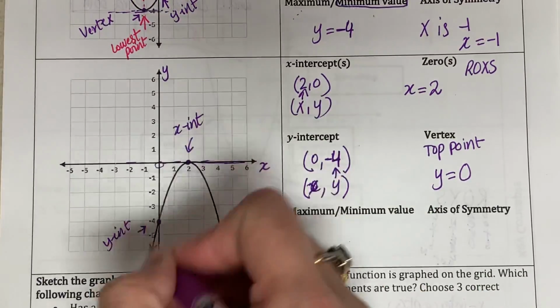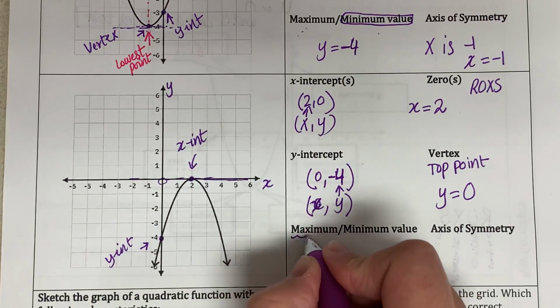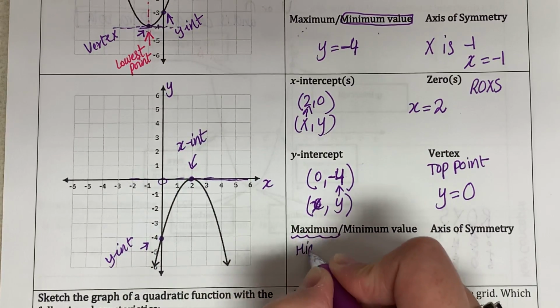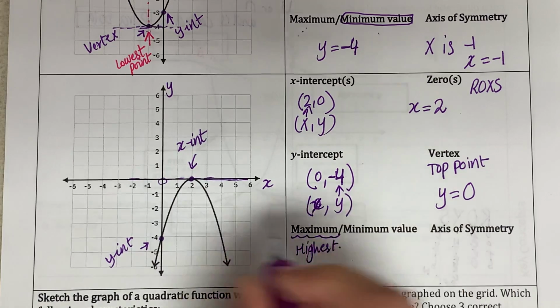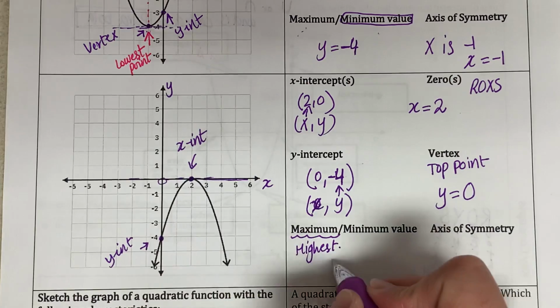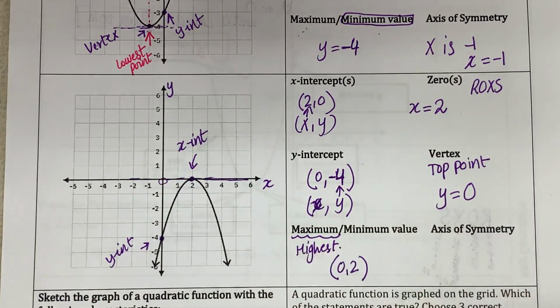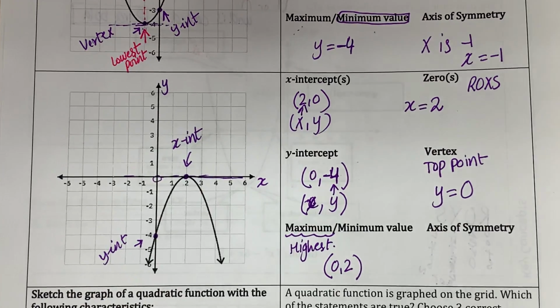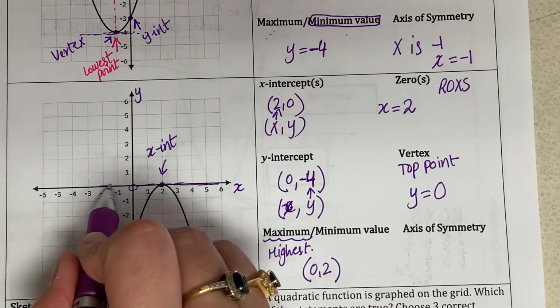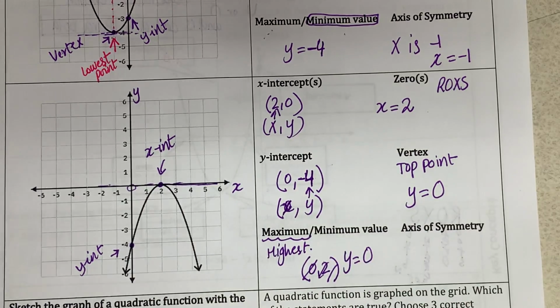This graph is upside down, it is downward, so it actually has a maximum. You can see it has the highest most point. That maximum point is basically (2, 0), same as the vertex. And then you write it as y equals 0, not like this.